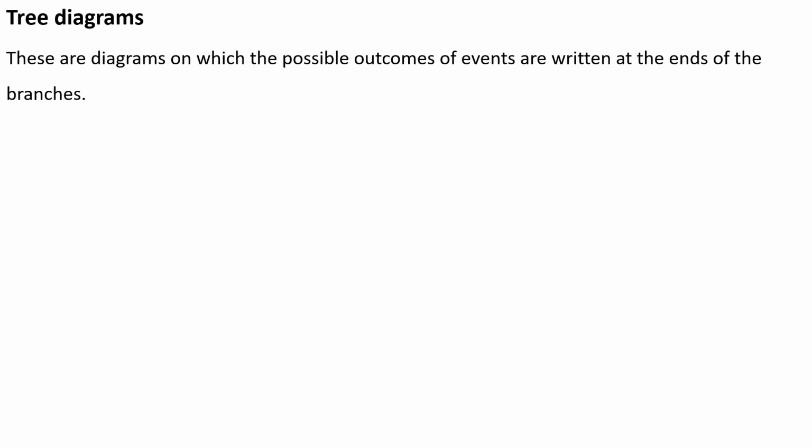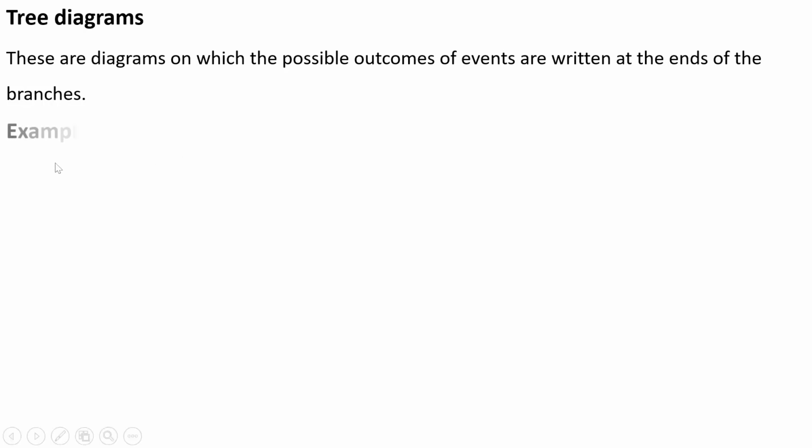It means that in a tree diagram you have branches, and on those branches is where we represent the possible outcomes of events. You will understand very soon as I present this example.